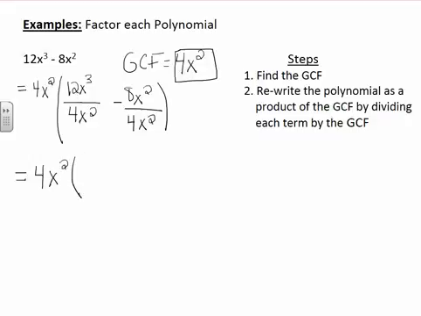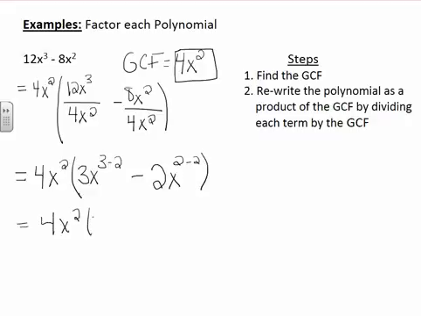By the quotient rule, 12 divided by 4 is 3, x to the 3 minus 2, and then 8 divided by 4 is 2, x to the 2 minus 2. Again, we'll simplify this further: 3x minus 2 times x to the 0.